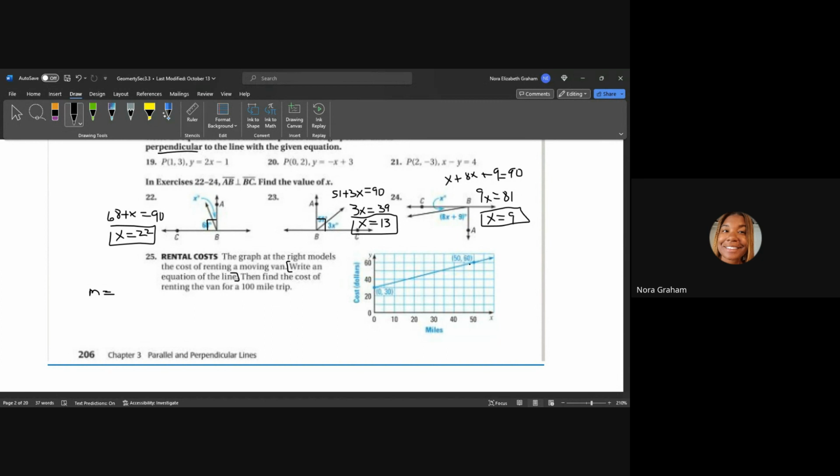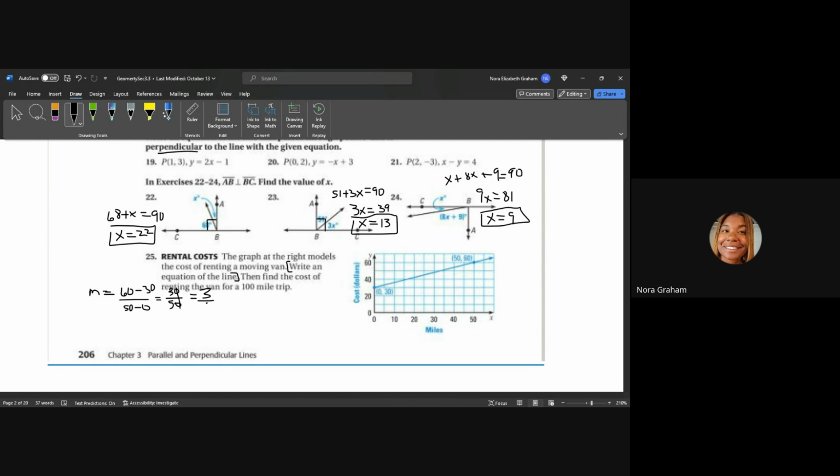I'm going to use this as my y sub 2, so I have 60 minus 30, over, I'm using this as my x sub 2, so 50 minus 0. 60 minus 30 is just 30 over 50. I can cross out those zeros. So my slope is 3 over 5.